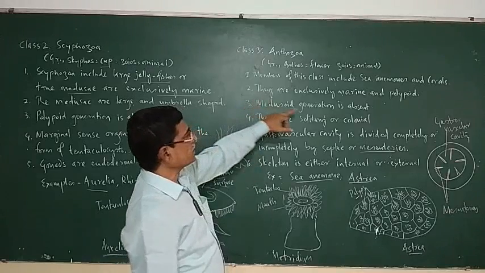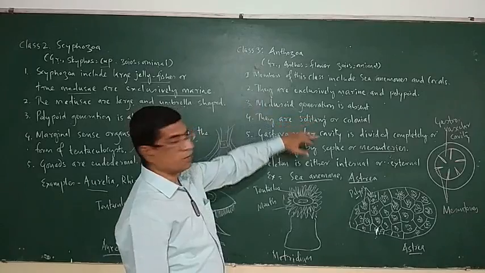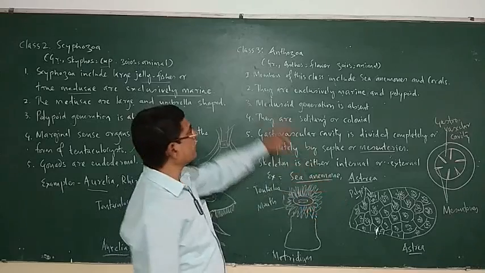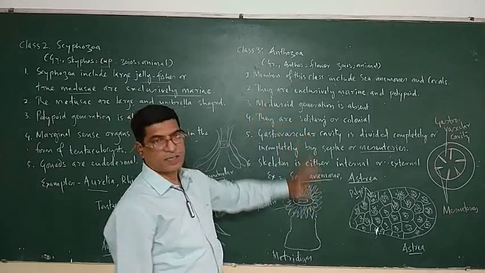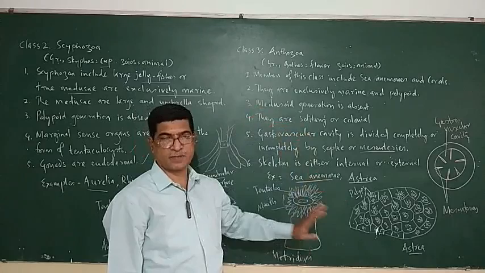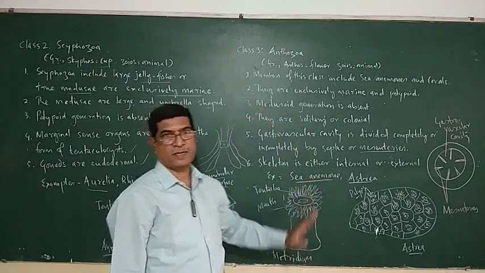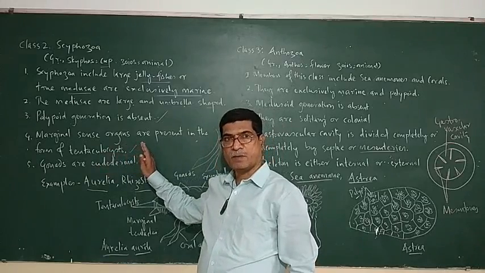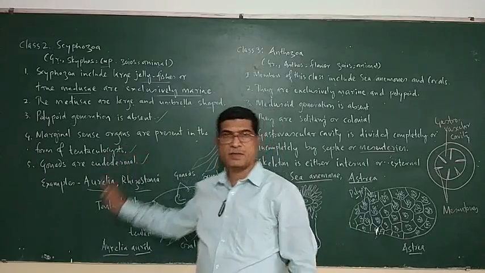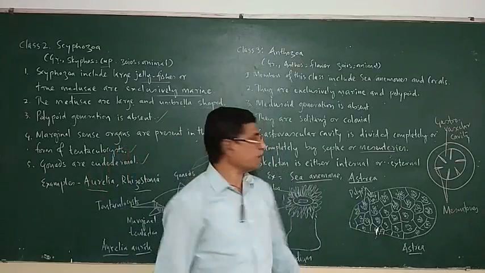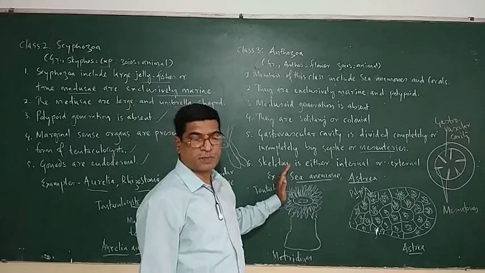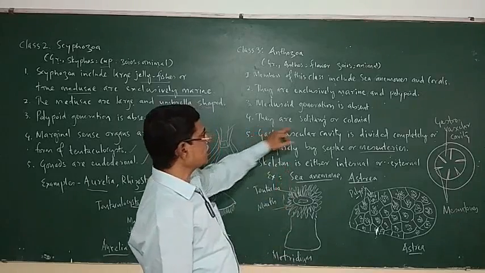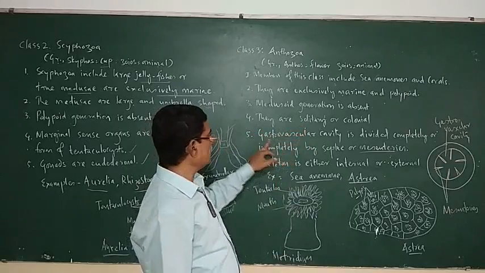They are exclusively polypoid, not medusoid. Medusoid generation is absent in this class, whereas in Scyphozoans, the polypoid stage is absent. Here, polypoid generation is present. They are solitary or colonial.